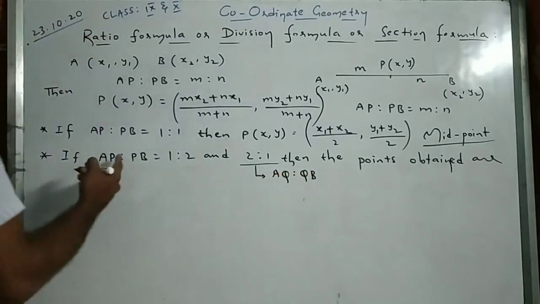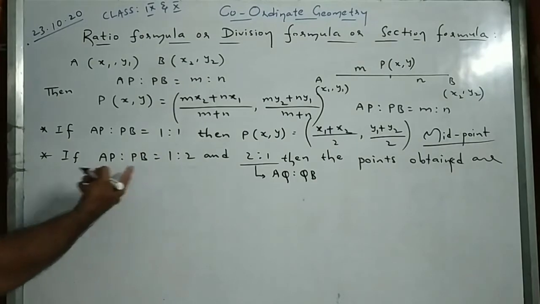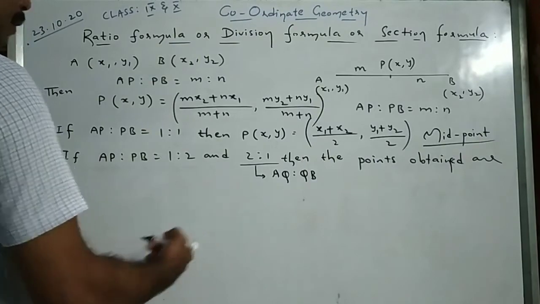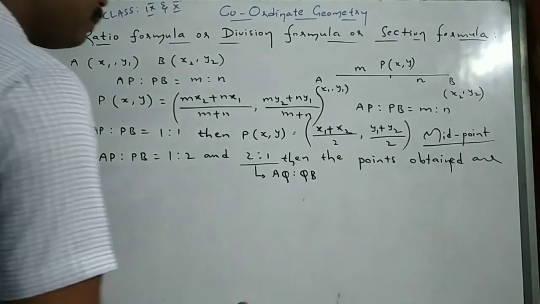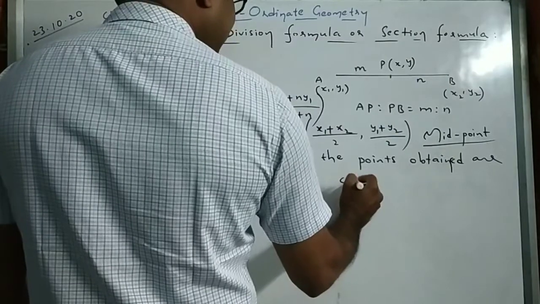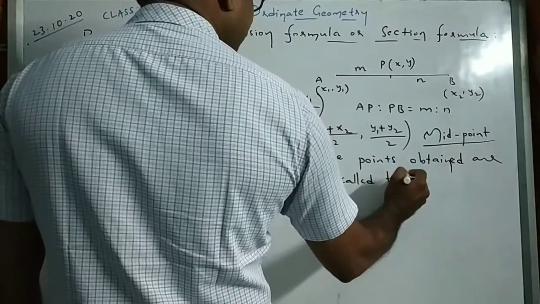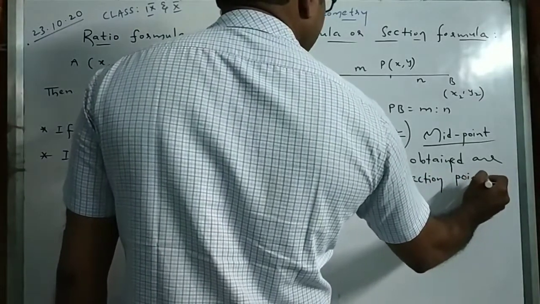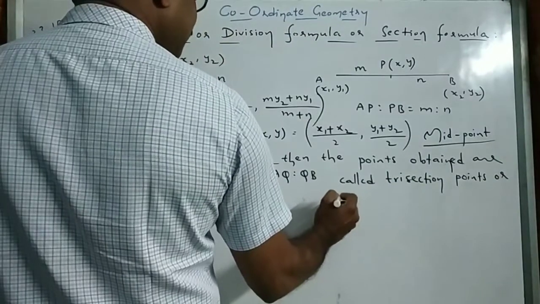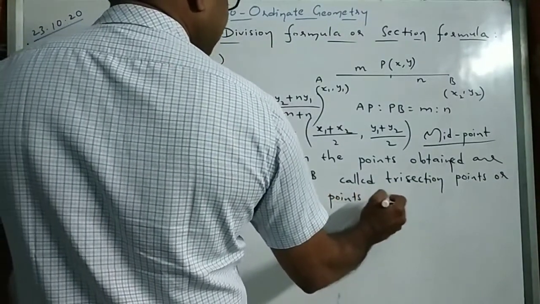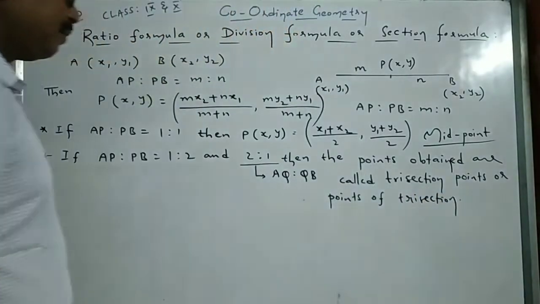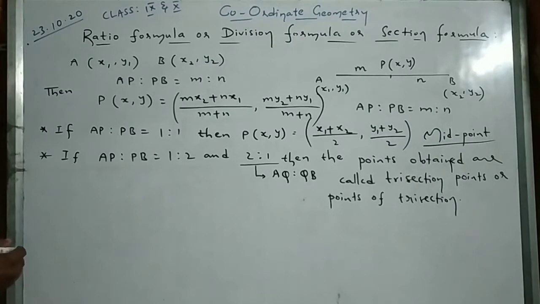With AP is to PB, 1:2 I will get P point, with 2:1 I will get Q point. So 2 points we are getting. Those points obtained are called trisection points, or points of trisection. Then can you find the coordinates now?